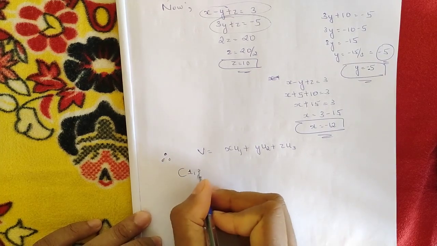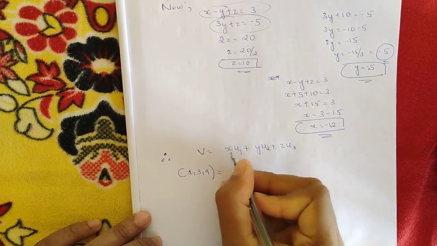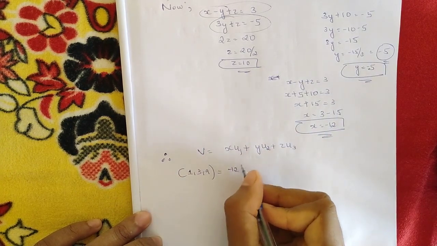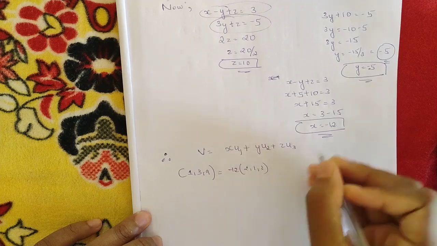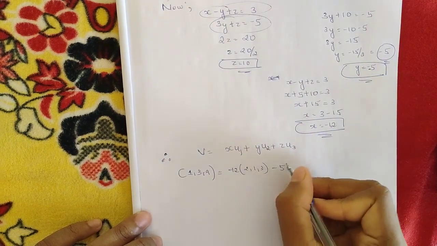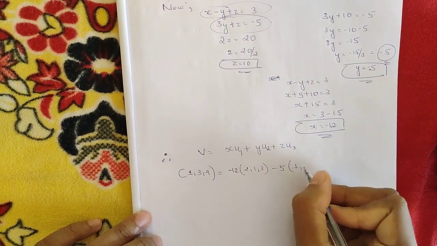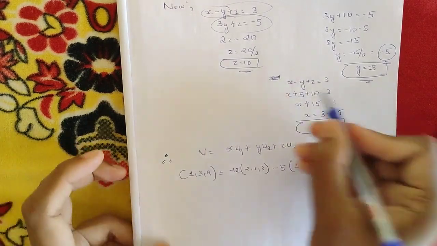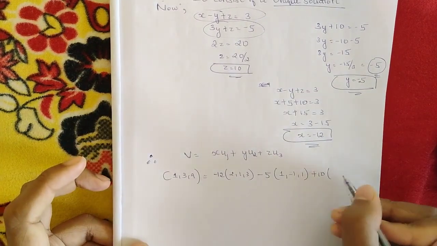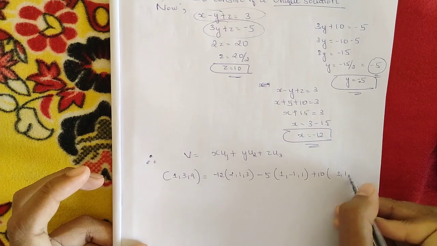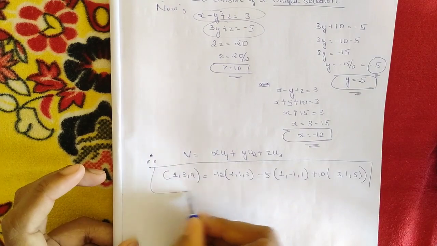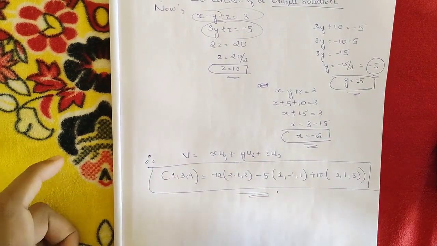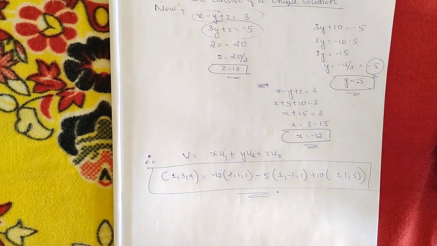According to the question, (1, 3, 9) is equal to x value minus 12 into u1, which is (2, 1, 3), then y value minus 5 into u2, which is (1, minus 1, 1), and z is plus 10 into u3, which is (3, 1, 5). In this way, we can represent it as a linear combination. Hope it is clear. Like this, you should be solving this problem.